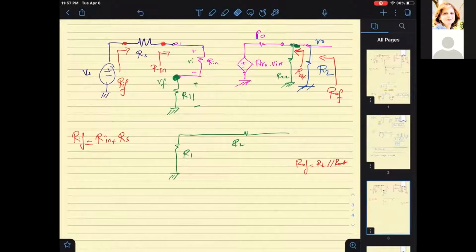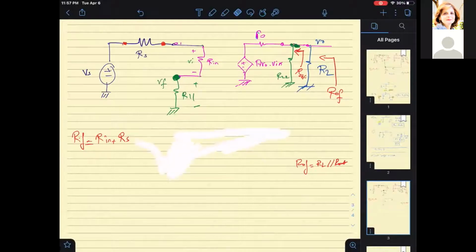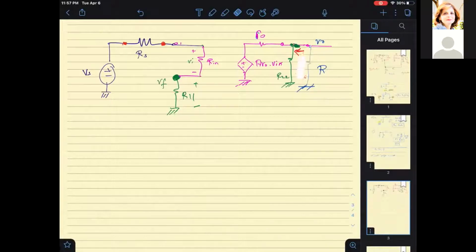We will now call this circuit the modified A block. Of course, we're going to remove the beta block.